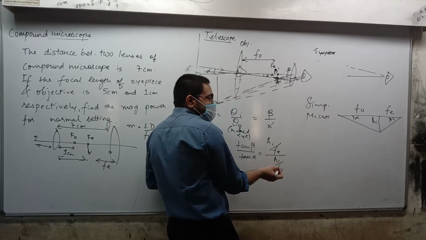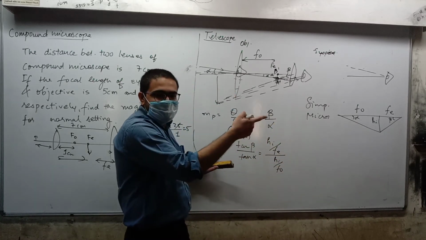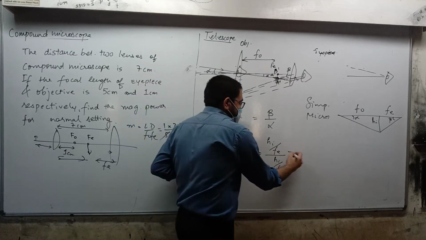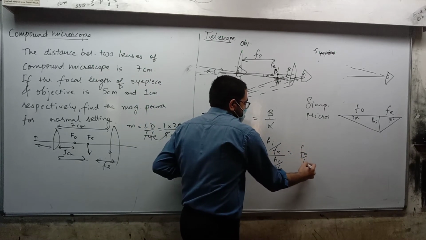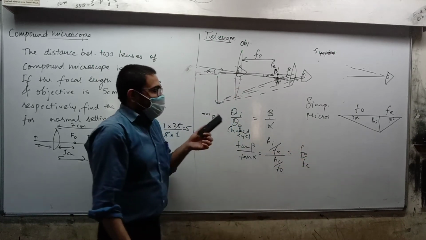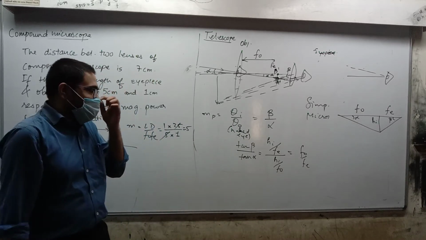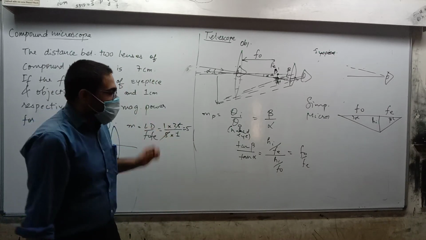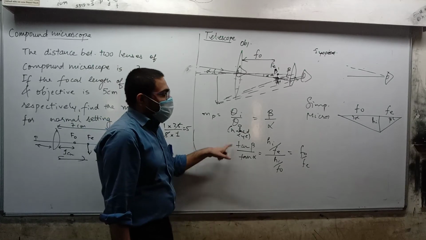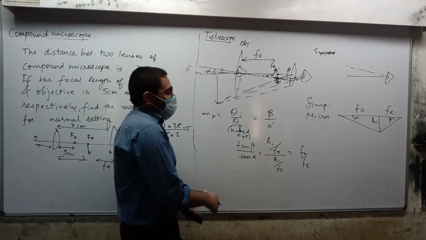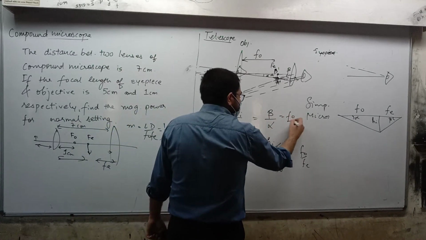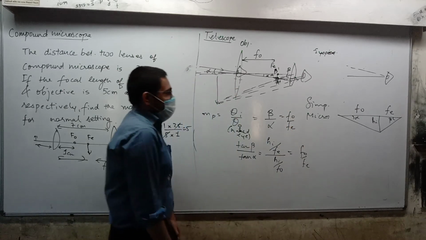Clear? What is tan beta upon tan alpha? That is nothing but Fo by Fe. But typically, once again, we are talking about small angles. So if we take small angles, beta by alpha will become Fo by Fe. So there is only one formula in this. Right?